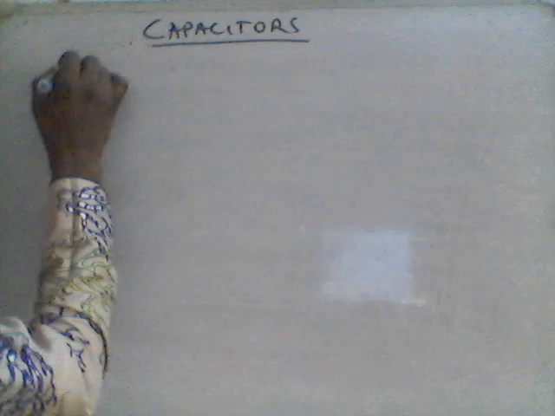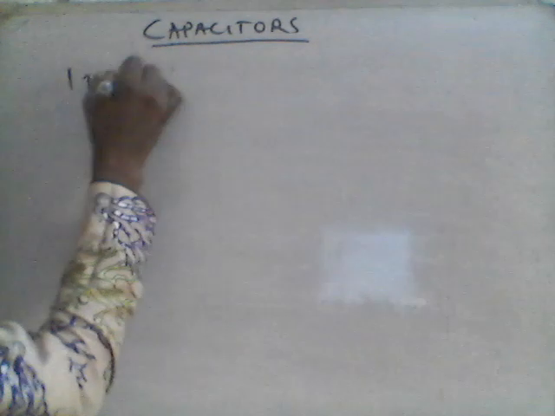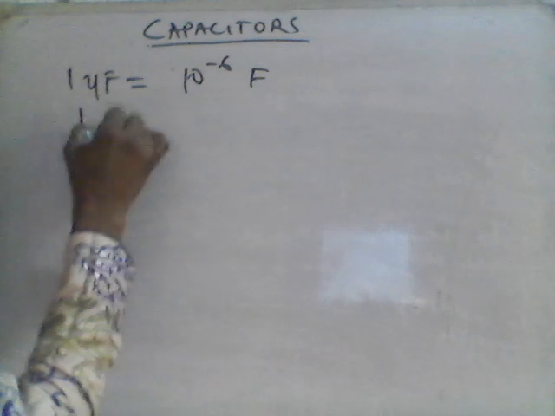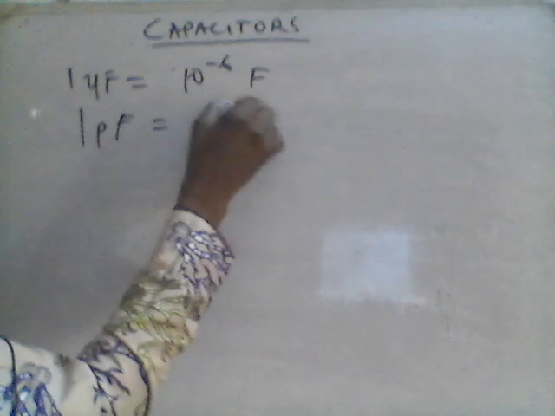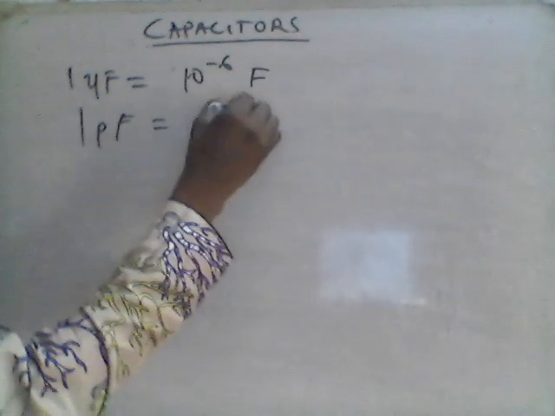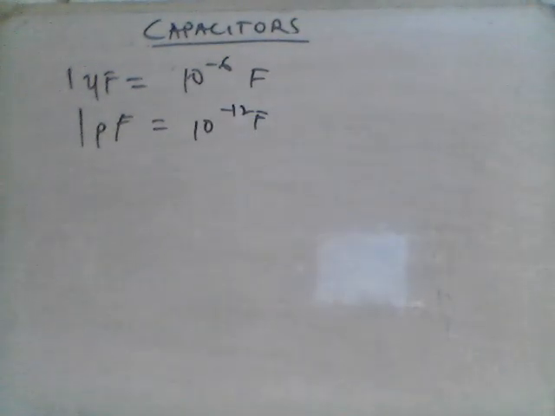So 1 microfarad gives 10 to the power minus 6 farad, and 1 picofarad gives 10 to the power minus 12 farad. So these are the units, so be familiar with them. Quantitatively, the capacitance of the capacitor is its ability to store up electricity. Now we'll take just one question.